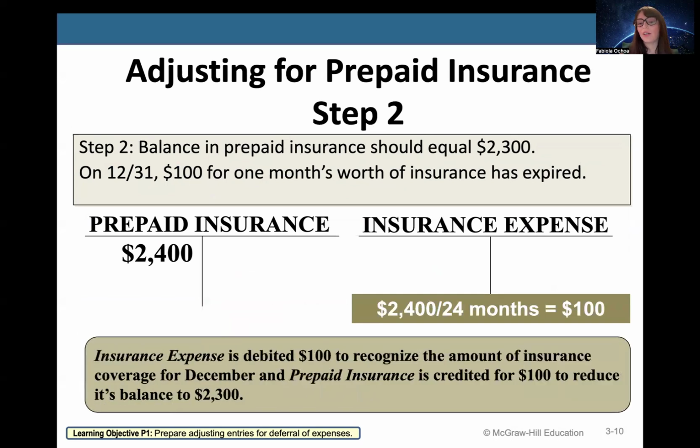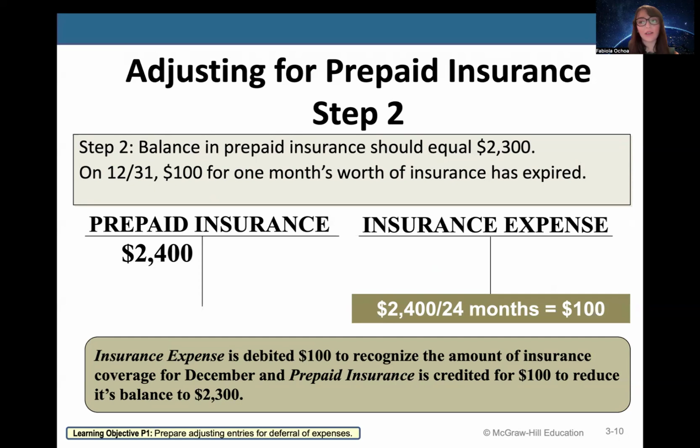So you get $100 by taking the $2,400 that was paid for up front, divided by 24 months. That means $100 of insurance is used up each month. From December 1st to December 31st, $100 of 1 month's worth of insurance has expired.